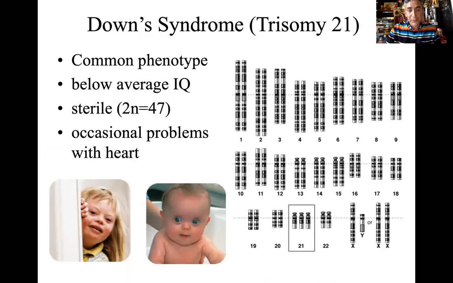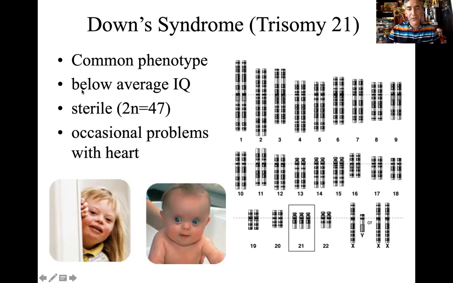They typically have problems with their heart because on chromosome 21, there are some important heart valve instructions that don't form properly. And we don't have our important 46. We don't have an even number. We have an odd number. So that is going to make it complicated in the normal meiotic process to end up with a correct number in the offspring as well.